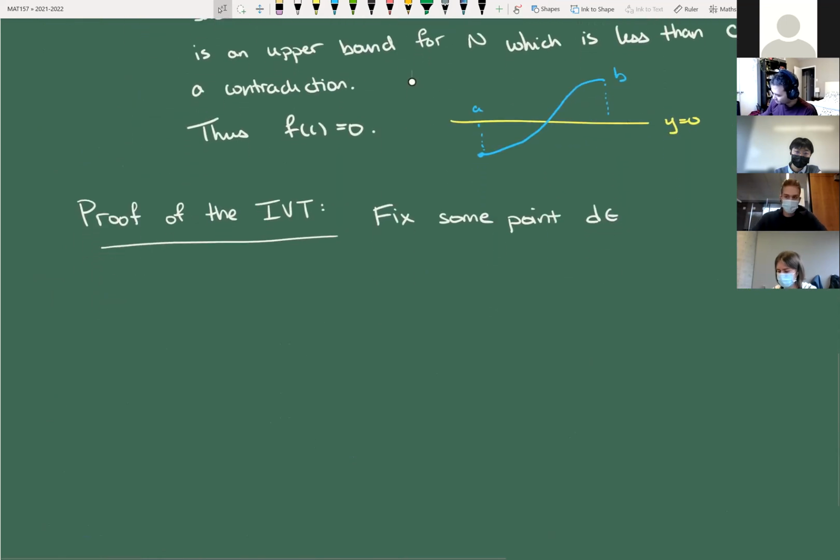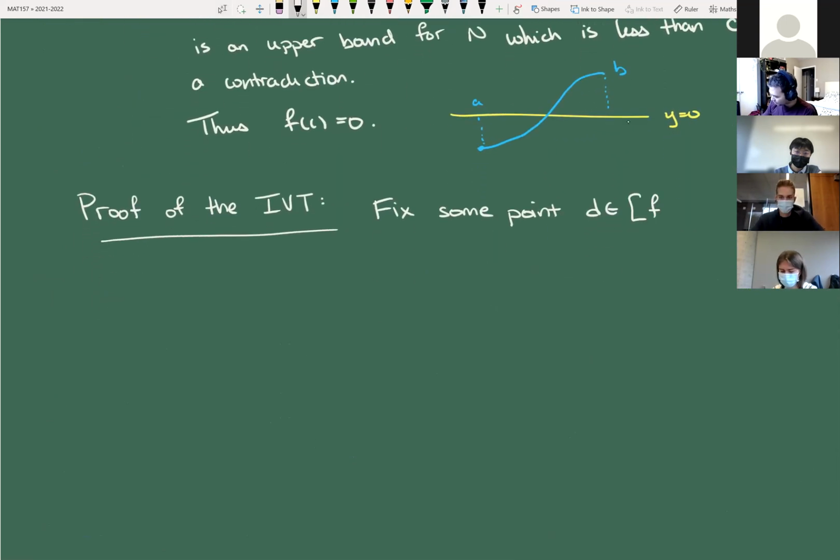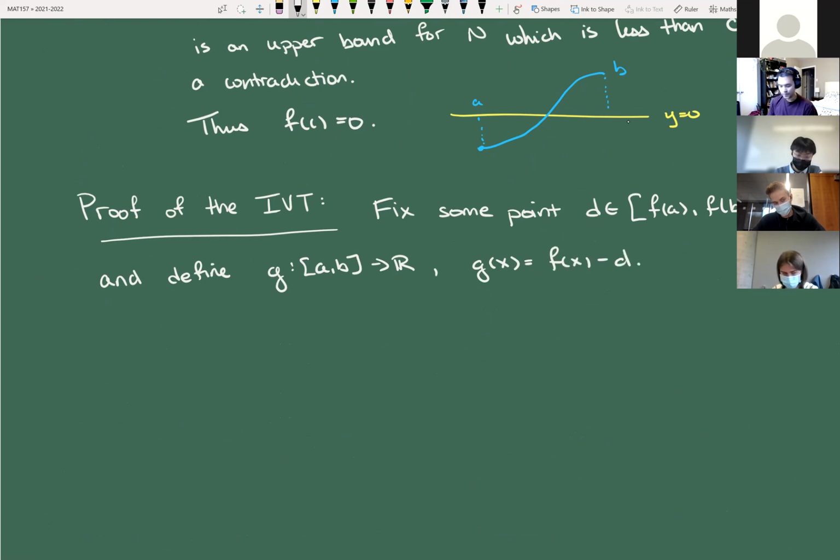So I'm going to say fix some point d in (f of a, f of b), and define a new function, same interval. And the way that we're going to do that, that's going to be g of x equals f of x minus d, right? So like I said, we're just going to take d and shift the function down so that it becomes a root, right?